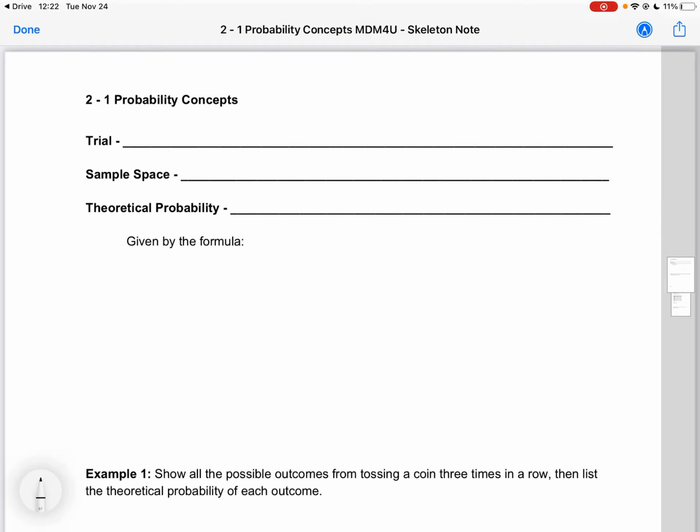This video is going to explore some probability concepts, and there's a couple vocabulary words that you need to be familiar with. The first one is a trial, which is one repetition of the experiment.